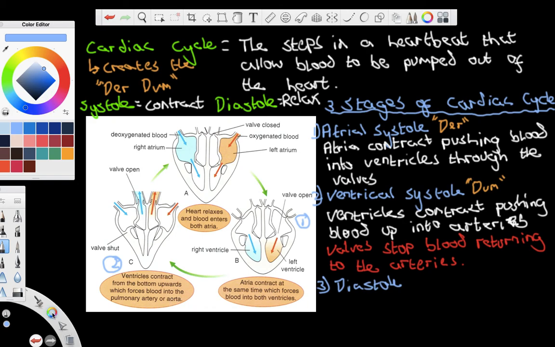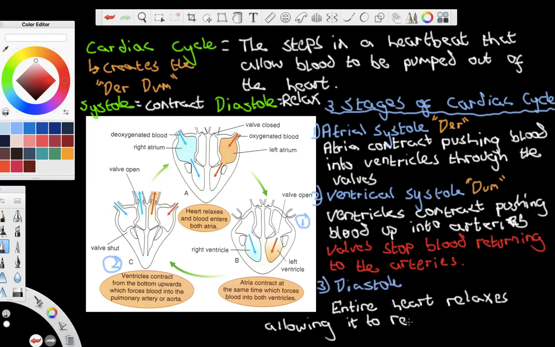So we can put entire heart relaxes, allowing it to refill with blood and recover.